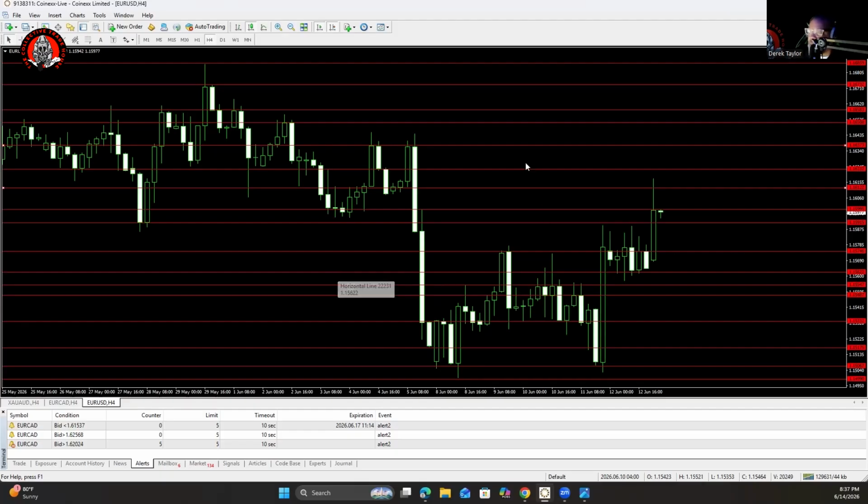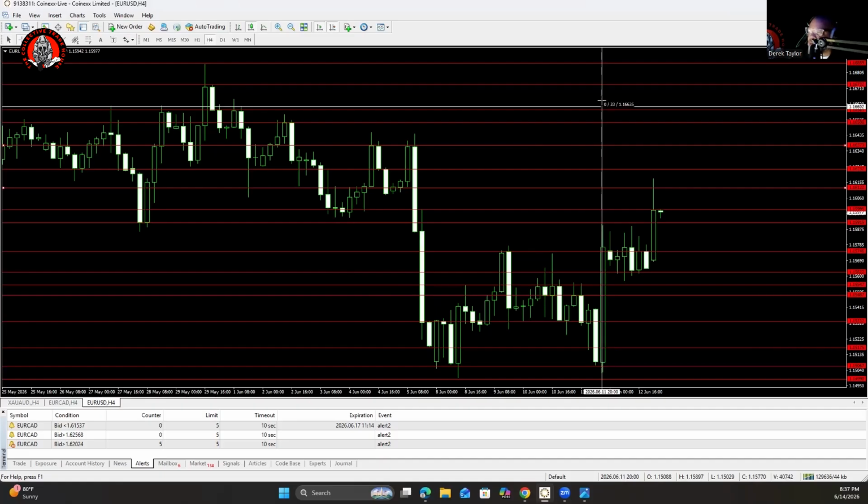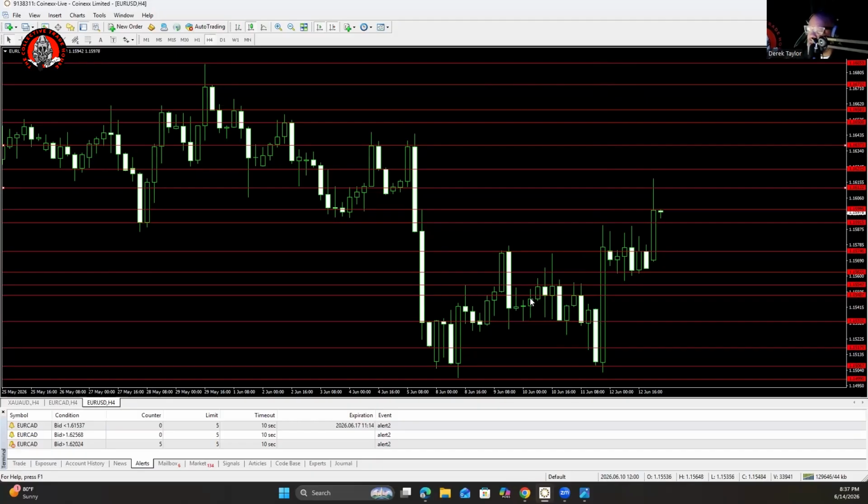But could I take from here to here? Yeah. All right. So I've marked areas in which I could get in here. I really don't need anything else other than identifying structure.